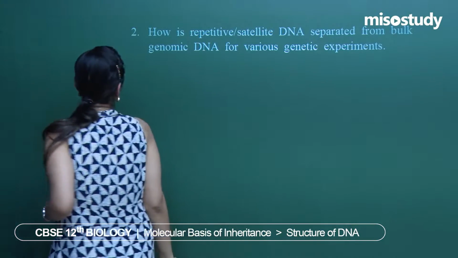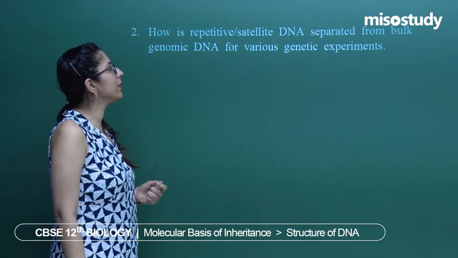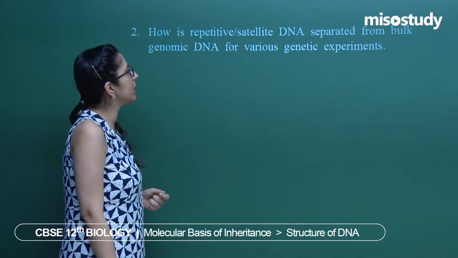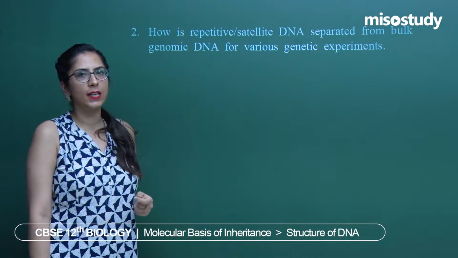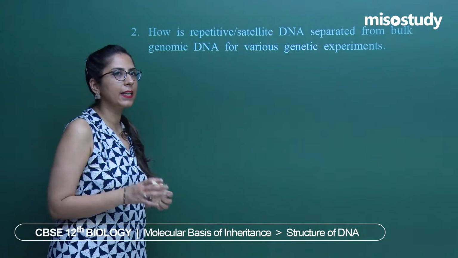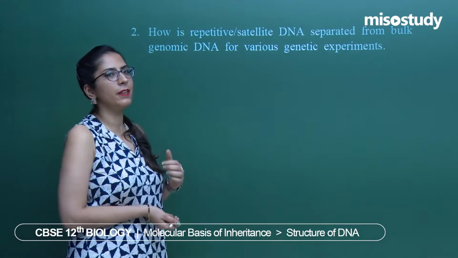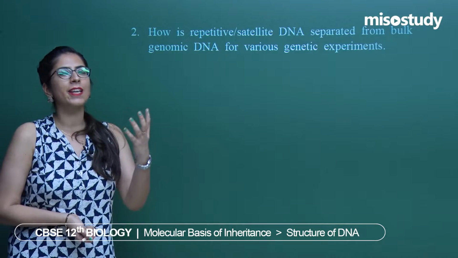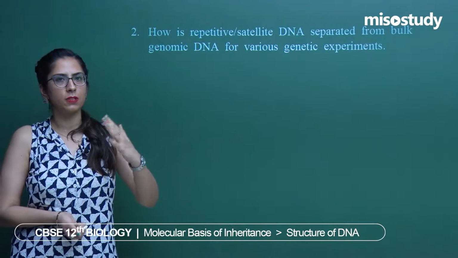The question says, how is repetitive or satellite DNA separated from a bulk genomic DNA for various genetic experiments? A bulk DNA is there and we have certain repetitive sequences present in case of the eukaryotic DNA. And majorly we have these repetitive DNA sequences present.